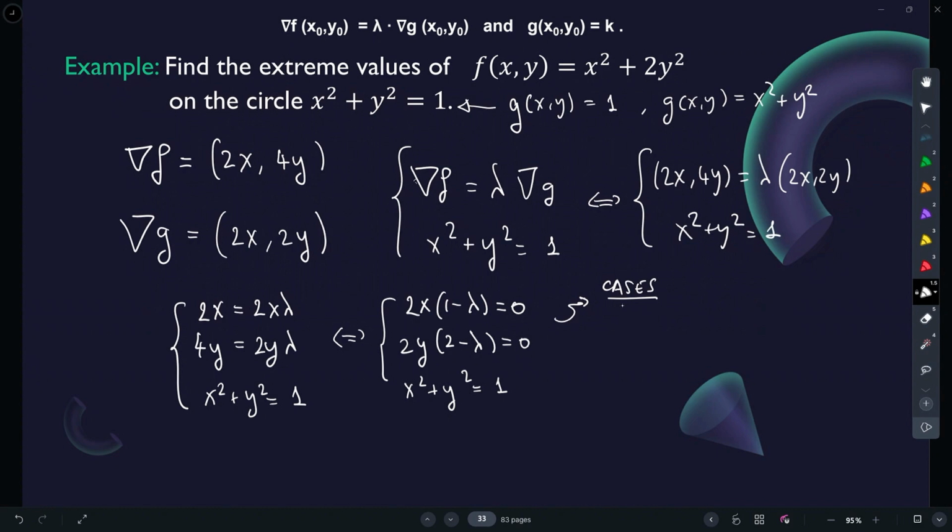It could be that for this to be 0, either x is 0 or lambda is 1. So what happens if x is 0? Well, if x is 0, plugging here, y is plus or minus 1. That could be. Or this equation also, if y is 0, this vanishes. So maybe y is 0.